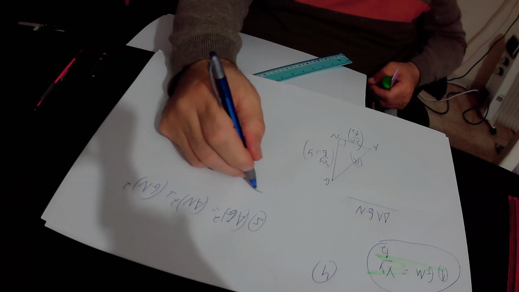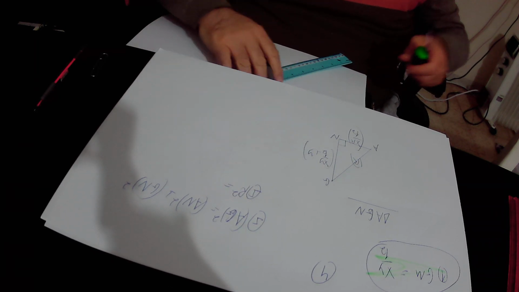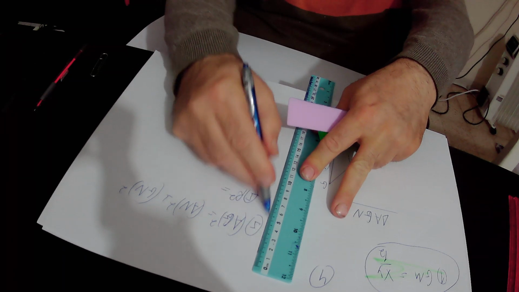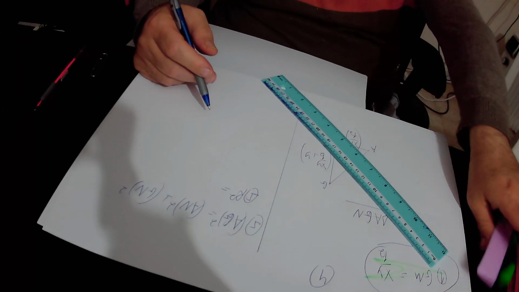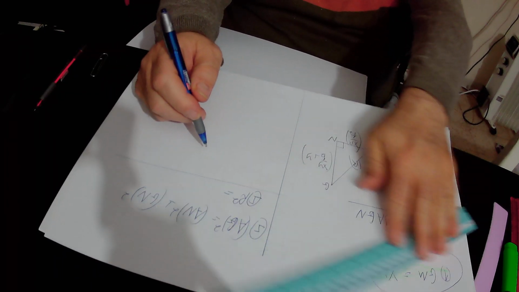AG is R, therefore AG squared is R squared, and it is equal to AN squared.